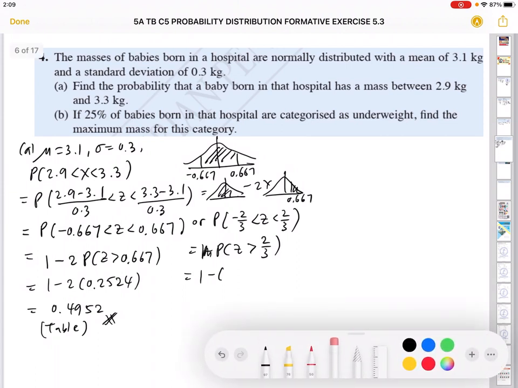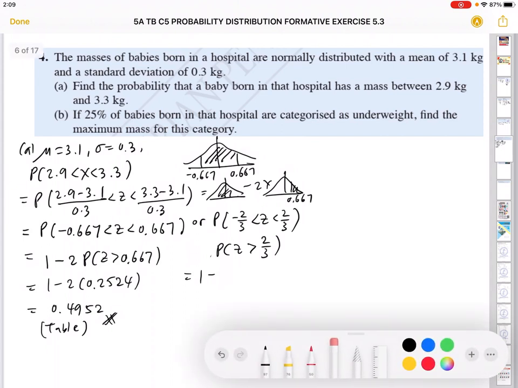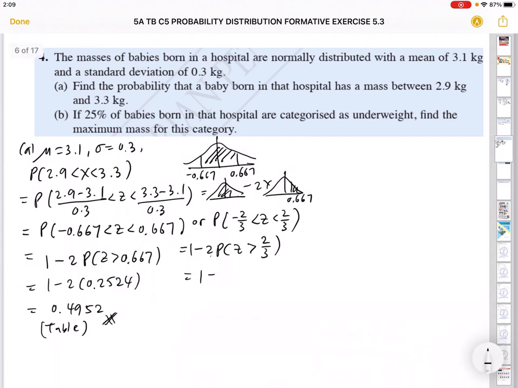Let me write down the 2 in front. 1 minus 2 times P(z greater than 2 over 3), which is 0.2525. So this will be 1 minus 2 times 0.2525, which is 0.4950.